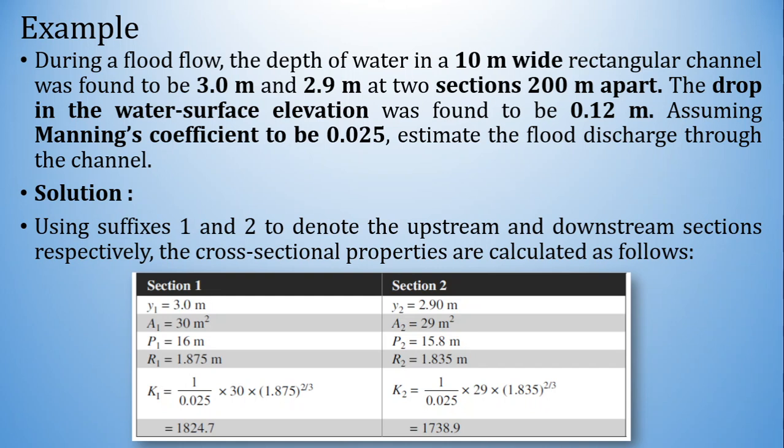So for section 1, the value of y1 will be 3 meter. For section 2, value of y2 will be 2.9 meter. A is the area of cross section, for section 1 that is 30 meter square, since 10 into 3 it will be 30 meter square, and for section 2 it will be 29 meter square.